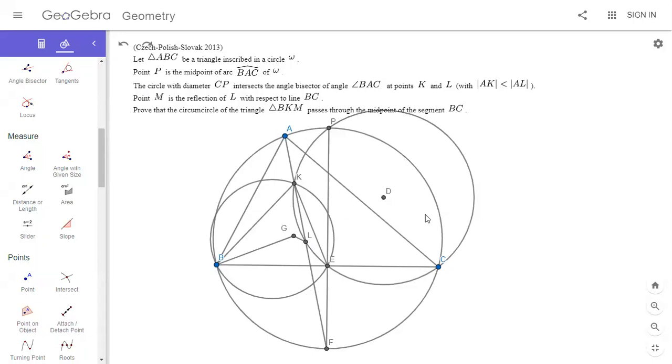So LBF equals LKB. Does that prove they're isogonal, that LBF is equal to LKB?